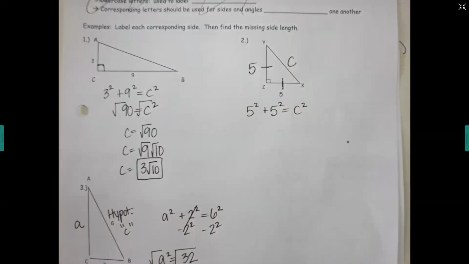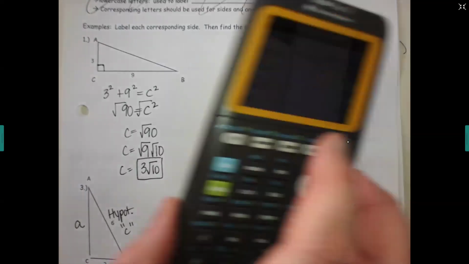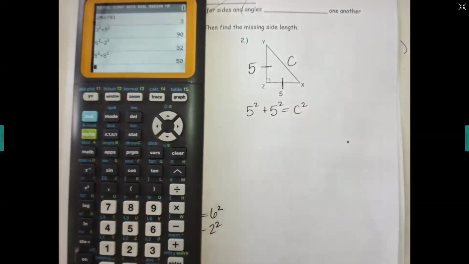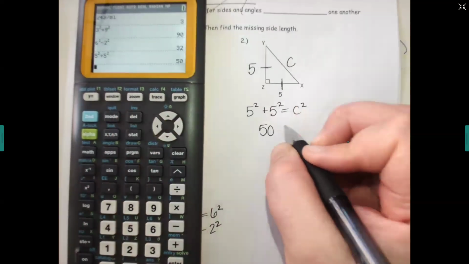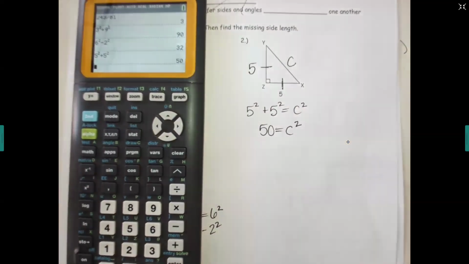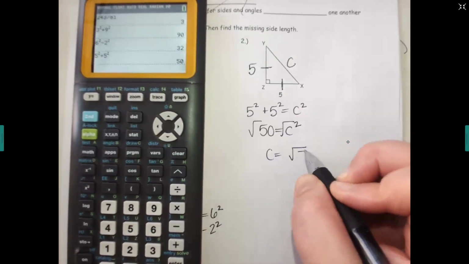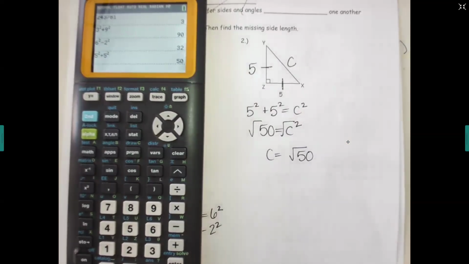In your calculator, add the 5 squared and the 5 squared since they're on the same side. What do we get for that? 50 is correct. And if 50 is c squared, then I'm going to take the square root. And I know that the square root of 50 is my answer.